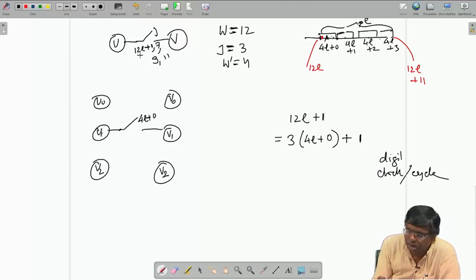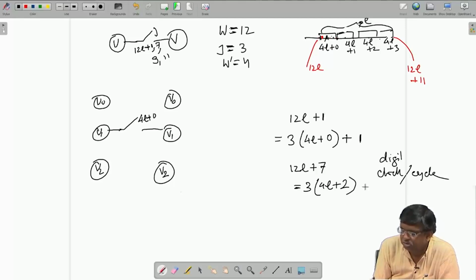Next index is 12L plus 7. Again take 3 out, 4L, divide 7 by 3, so you get 2 and 1. So 4L plus 2, and at 4L plus 2 again U1, because the remainder is 1.